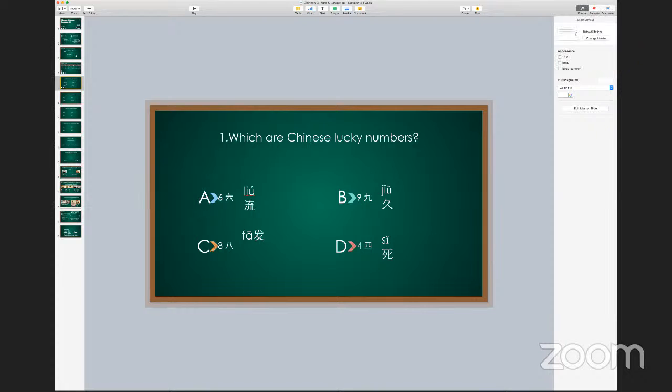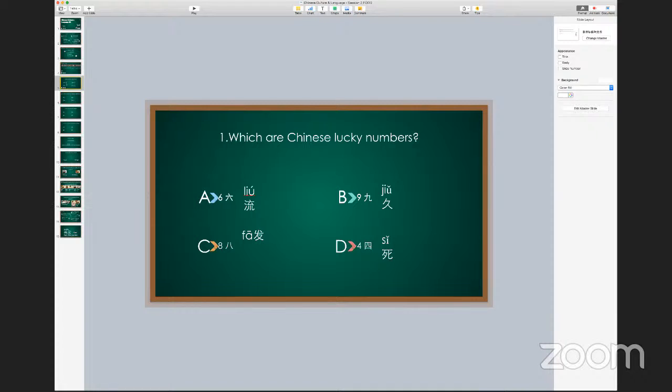I know one of them is 4. Oh no, it's 6, 9, and 8. How do you read 6, 9 and 8? 9 is 九. 6 is 六.